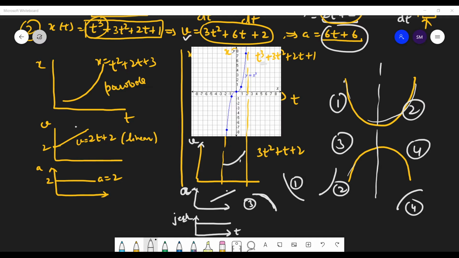The first step is notes by the physics teacher. The second step is notes by me.